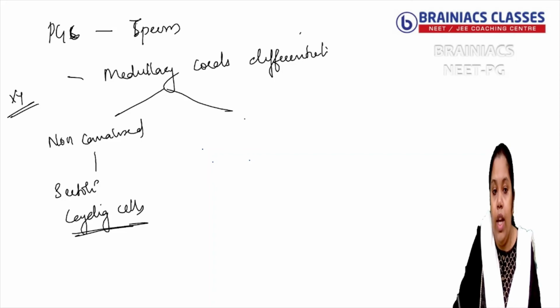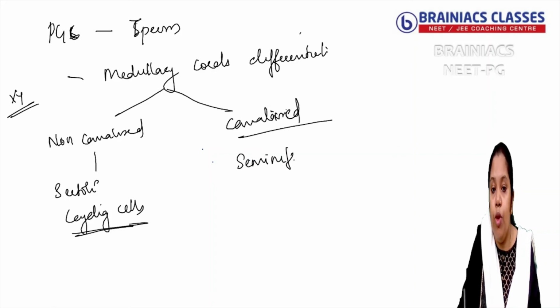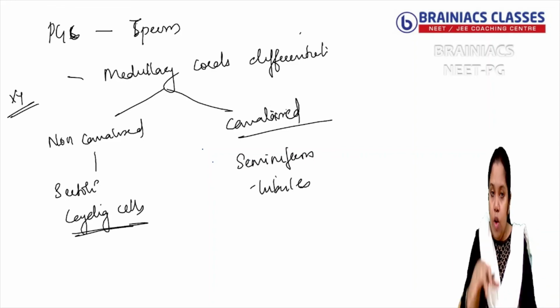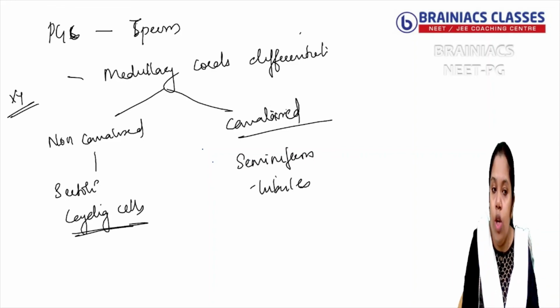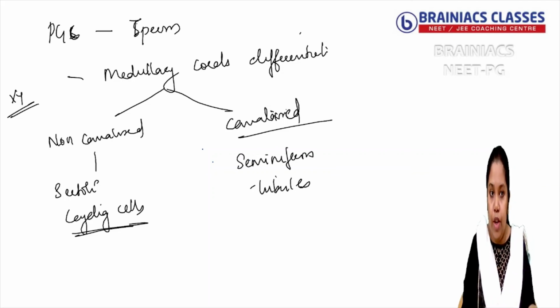The canalized part will give rise to the seminiferous tubules. The medullary cords will differentiate, giving rise to the Sertoli and Leydig cells as well as the seminiferous tubules.